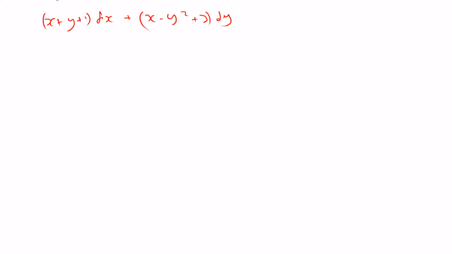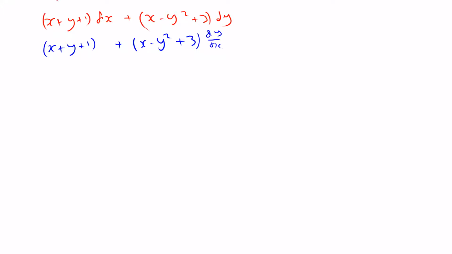The first thing we need to do is check that the ODE is exact. So we're going to take our equation and rearrange it slightly. If we divide everything by dx, that will give us x plus y plus 1 plus x minus y squared plus 3 dy by dx.